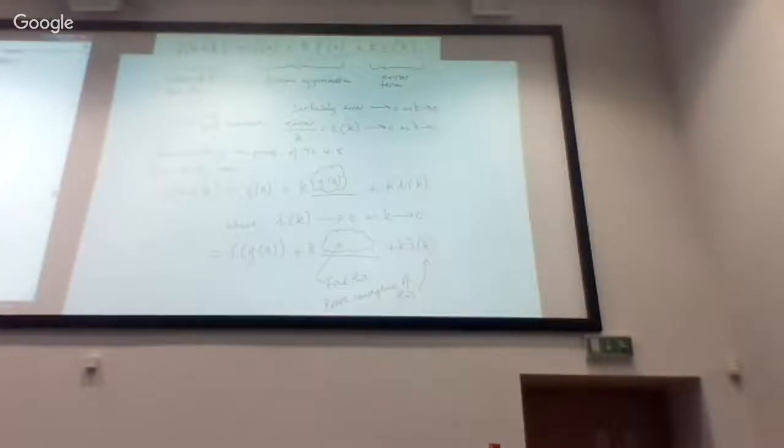But just a few lines upstairs, we've written out one of our assumptions, which is an expression for g of a plus k. And it introduces factors k, and it introduces error functions. That's the kind of thing we want. We want factors k and error functions. So we go ahead and substitute. We just simply replace this g of a plus k with this big right-hand side. So we have f evaluated at that big right-hand side.